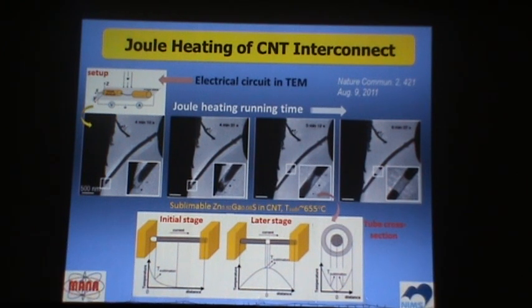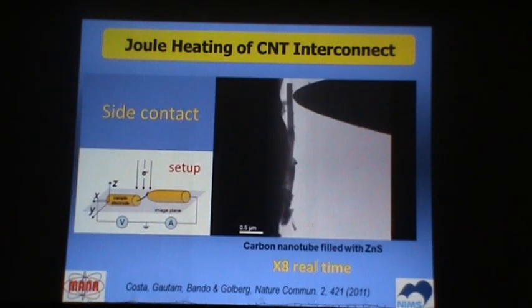In order to make this experiment possible, we filled the carbon nanotube with zinc sulfide, an inorganic material with known sublimation temperature. You can see that if we bias the system, the zinc sulfide filled inside easily melts inside the tube, and the tube becomes empty.